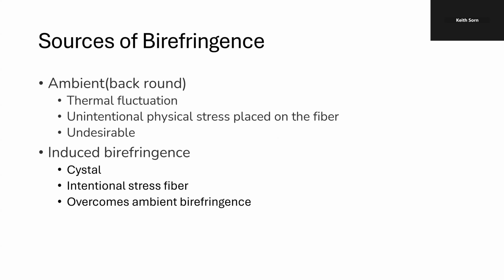We can induce birefringence by putting light through a crystal or intentionally stressing a fiber. The induced birefringence is usually stronger than the ambient birefringence, so the induced birefringence will overcome the ambient birefringence.